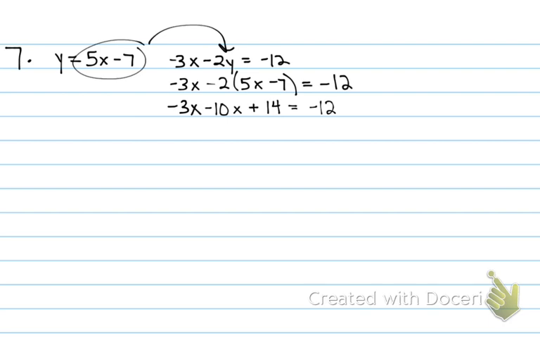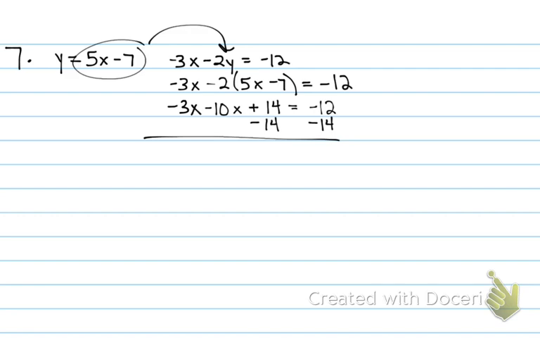All right, Mason, what did you do next? Okay, subtracted 14 from both sides. Very good. And when I rewrite the equation, Trey, what else can I combine? Negative 3x and negative 10x.